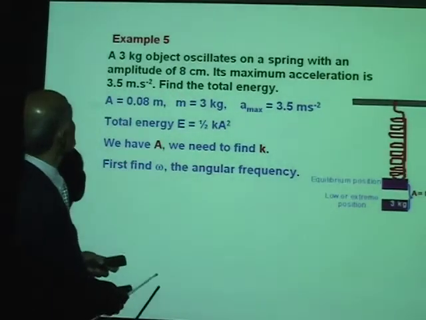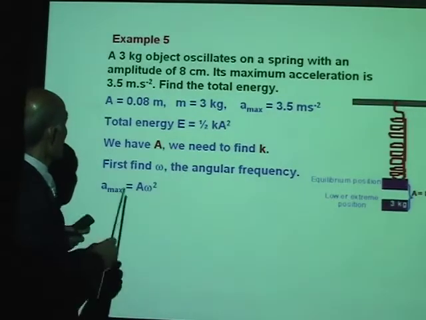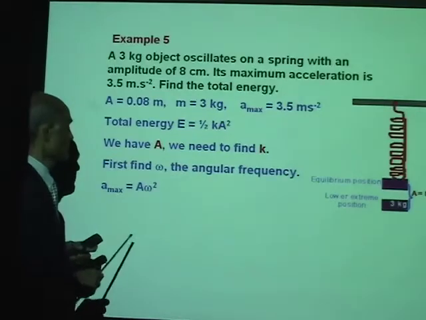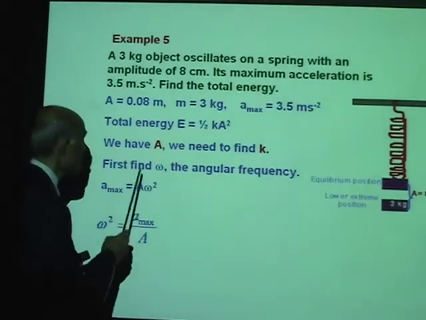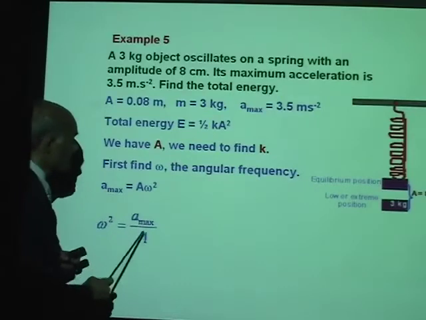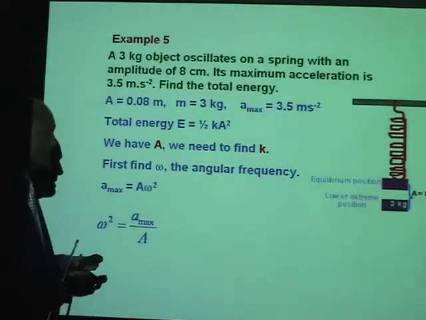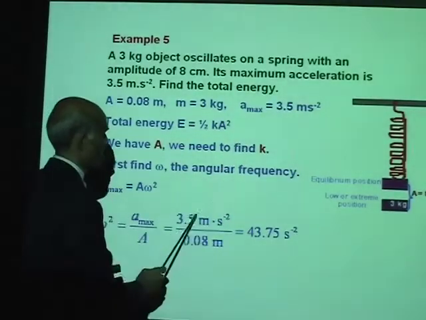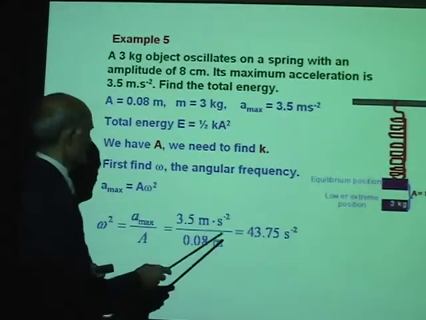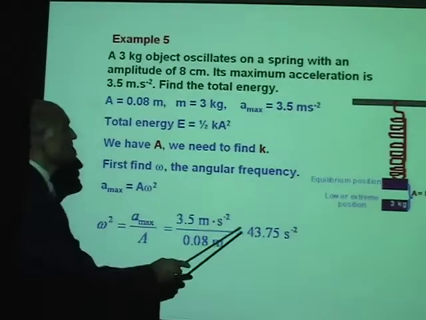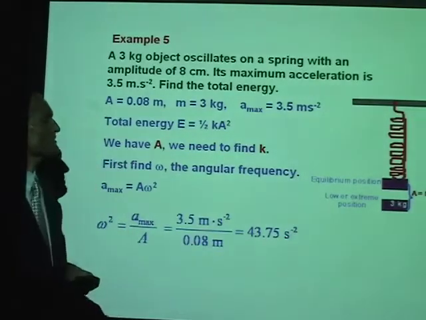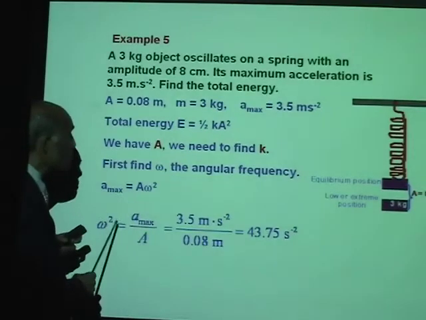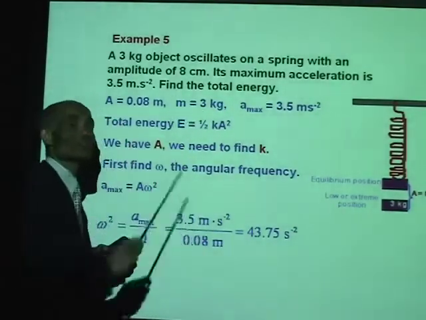Is there enough information to find omega? Well, A max you know is A omega squared. And therefore, omega squared equal to A max divided by the amplitude A. You know both these values. A max is given, amplitude is given, therefore omega squared equal to 43.75 per second squared. And how is omega squared related to K?